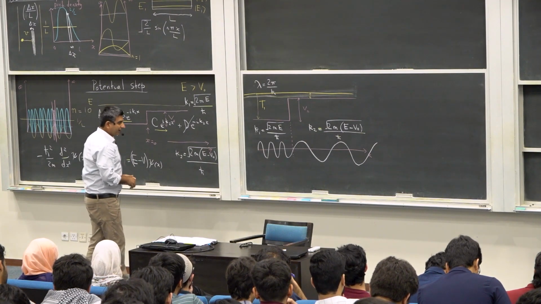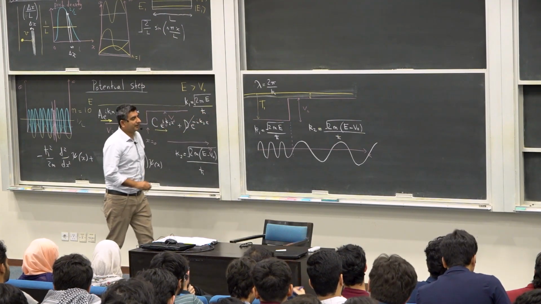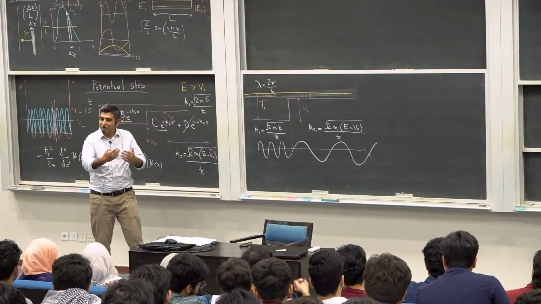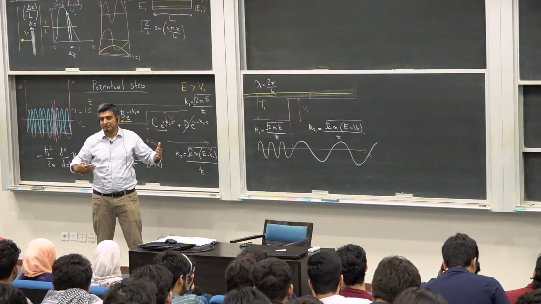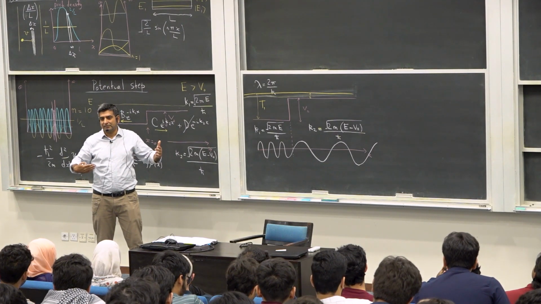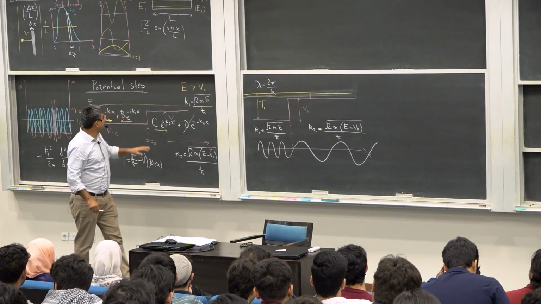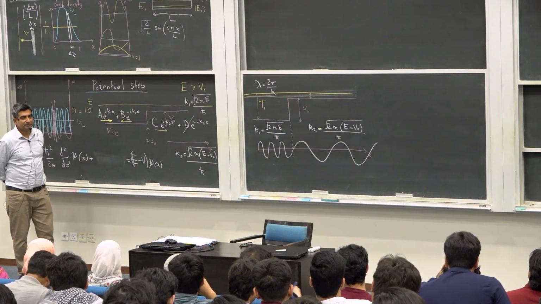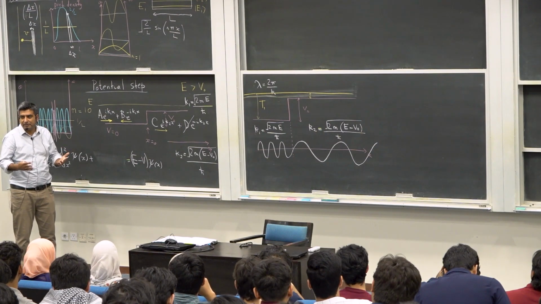And we can also look at this in a different way. A particle comes in, it has some probability of being reflected from this potential step, and some probability of being transmitted. Now, if I look at these coefficients, what should be the probability of reflection? Can these coefficients tell me reflection?